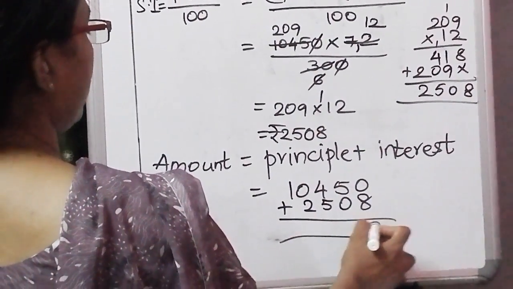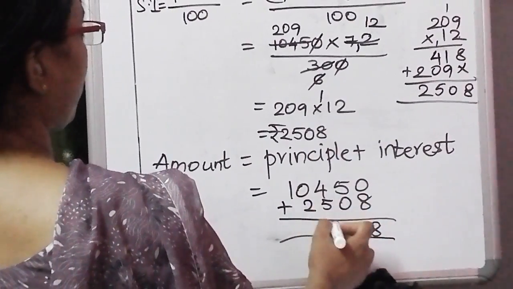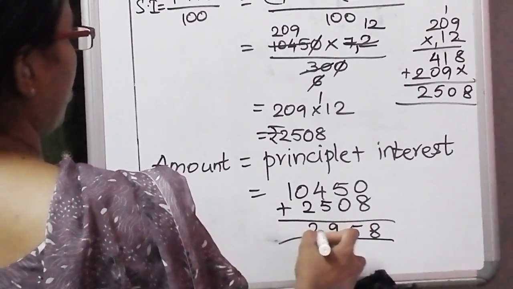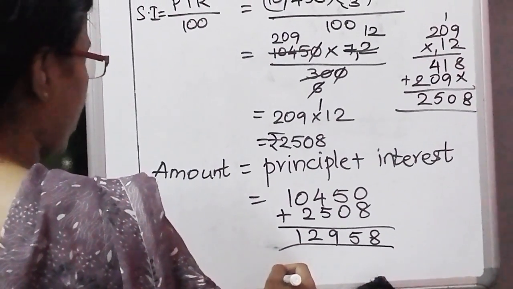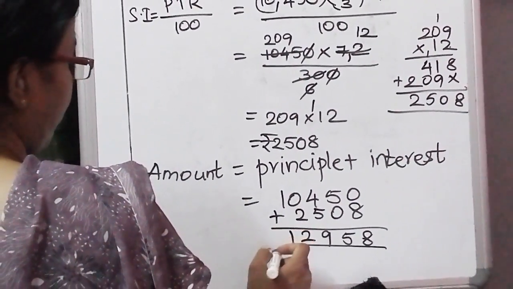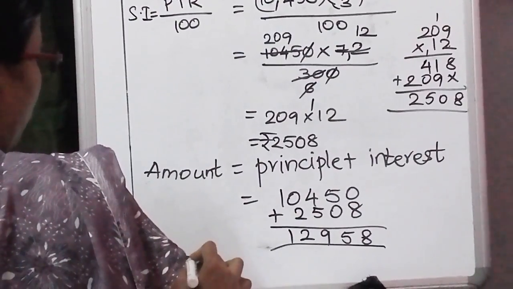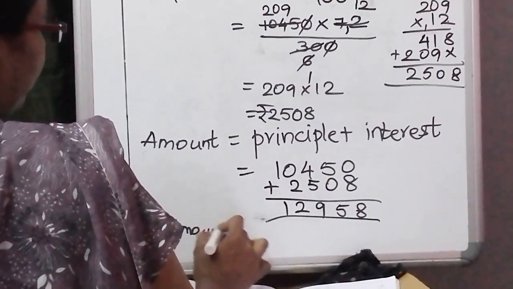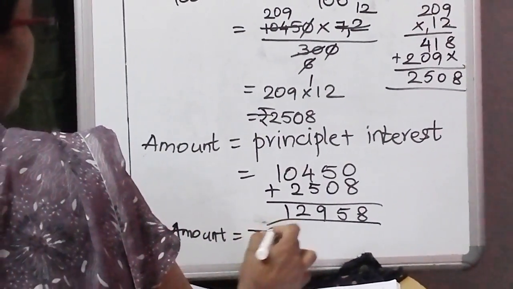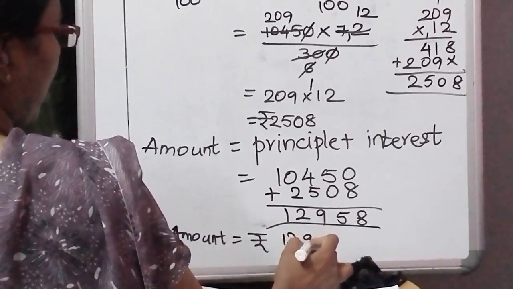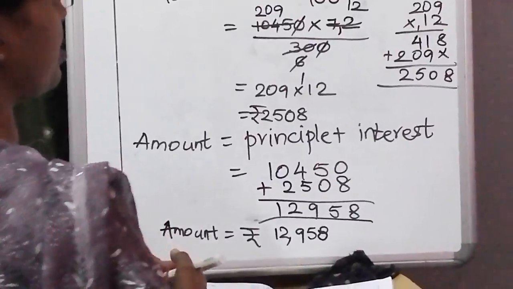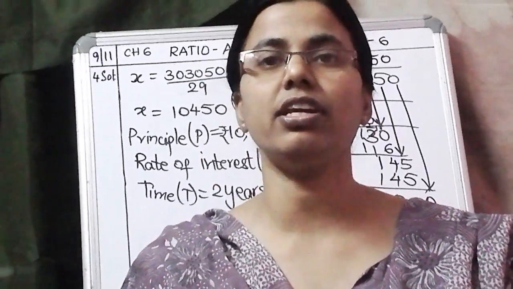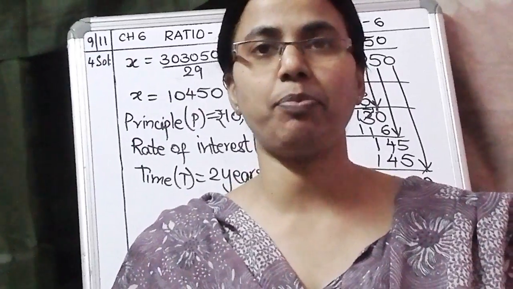So this is 8, 5. 5 plus 4 is 9. This is 2 and 1. So you got the amount as rupees 12,958. Understood this?